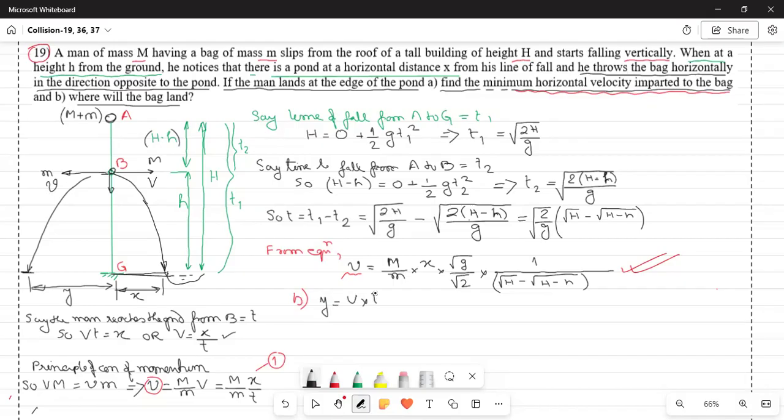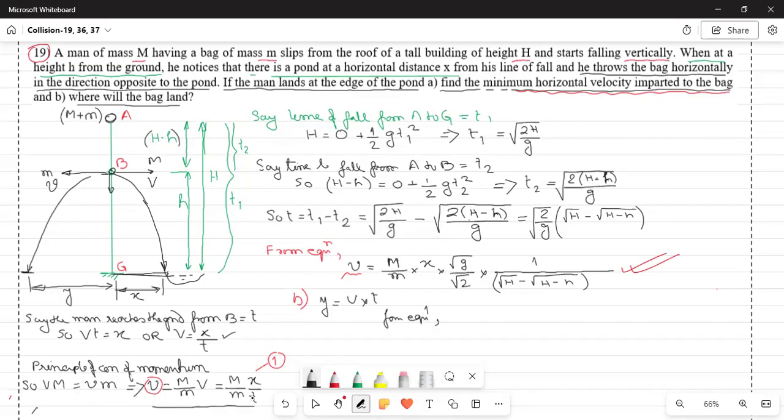We have already got small v multiplied by this time t from equation 1.